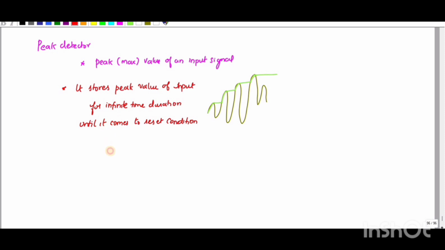So what it is doing, it is tracking the highest peak, and it is holding the values for certain times.